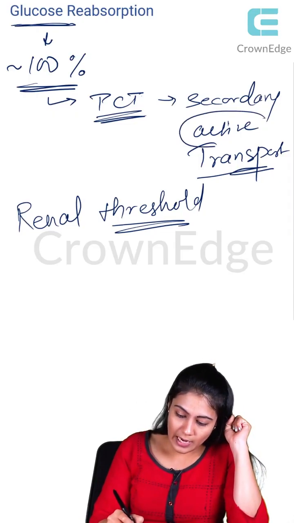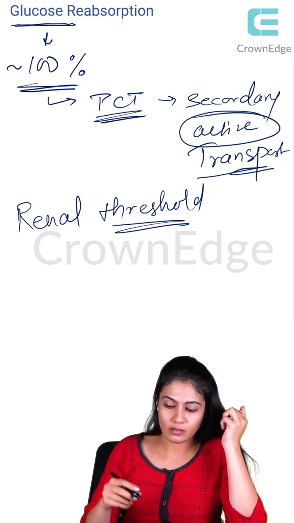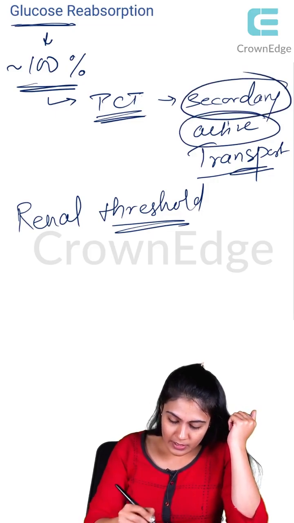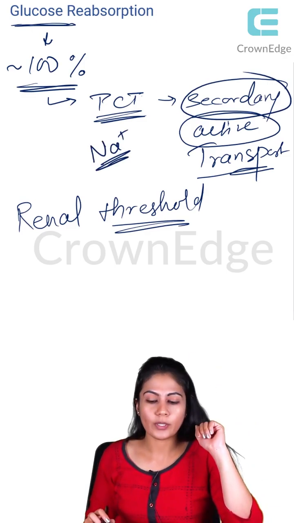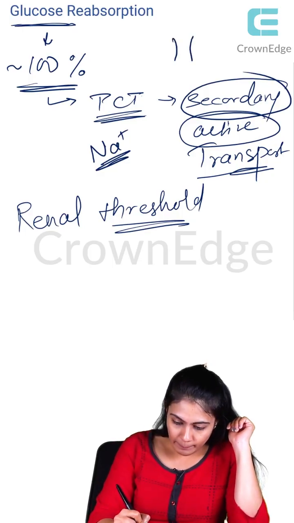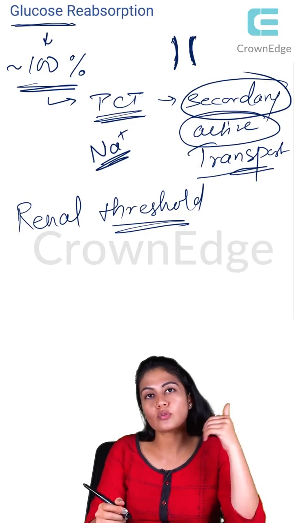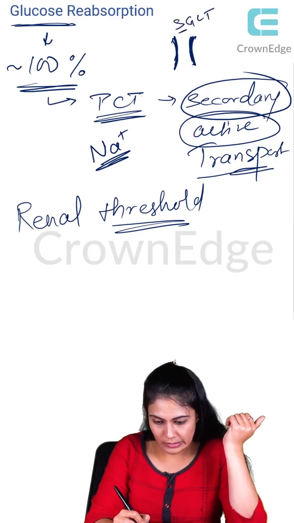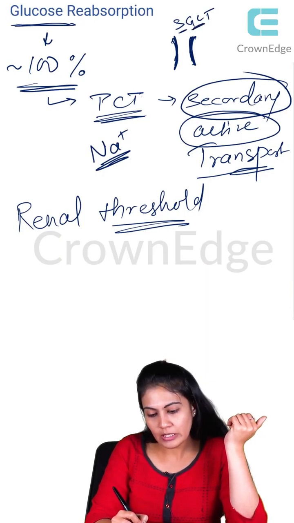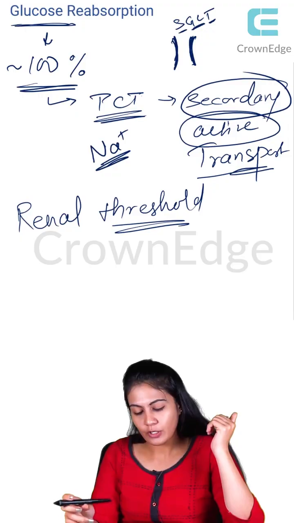Since it is secondary active transport, it is absorbed with the help of sodium. So there must be some channels for sodium and glucose to get absorbed. They are known as sodium glucose transporters. S is for sodium, GL is for glucose, and T is for transporter.